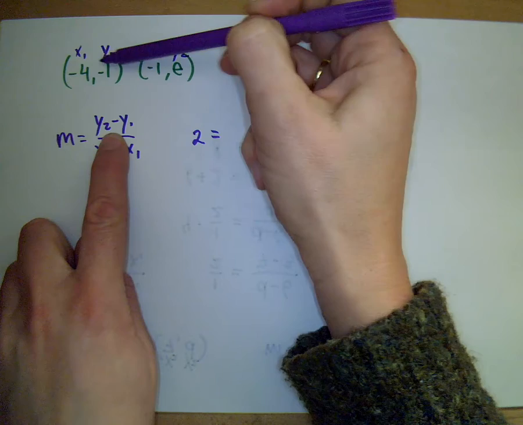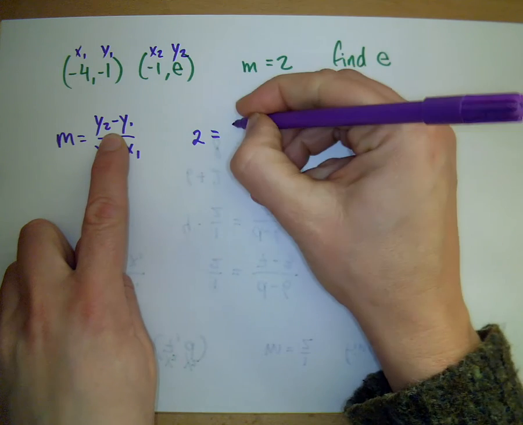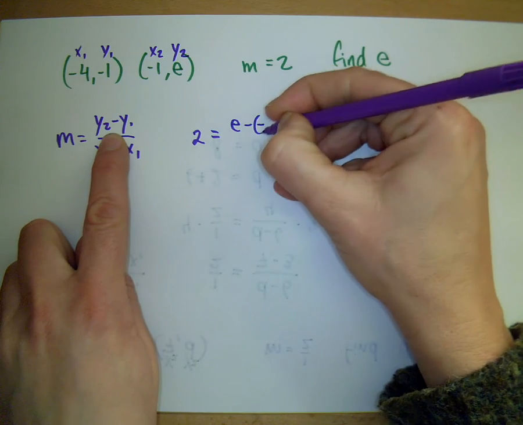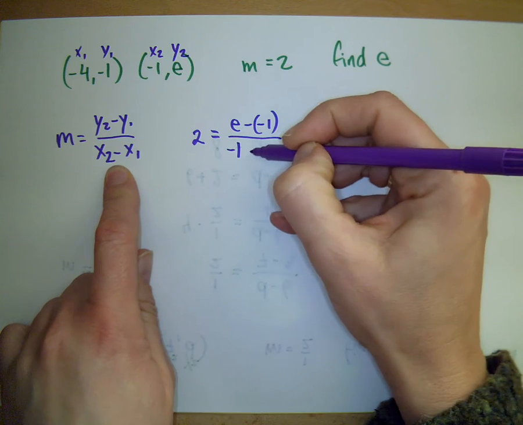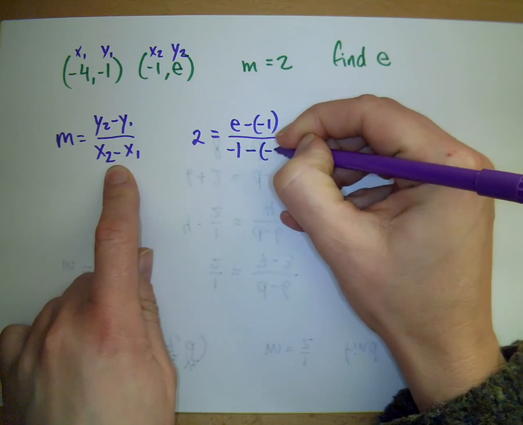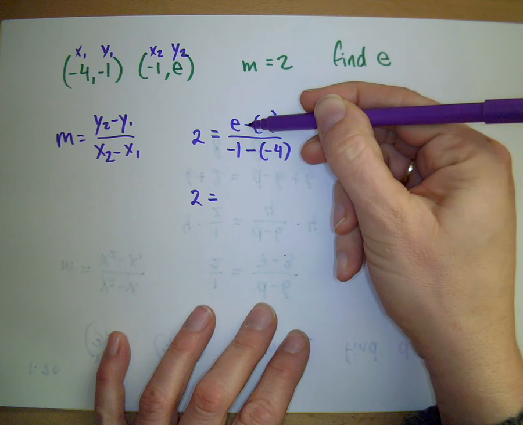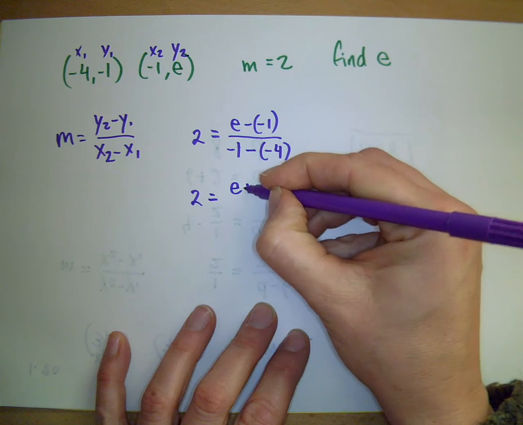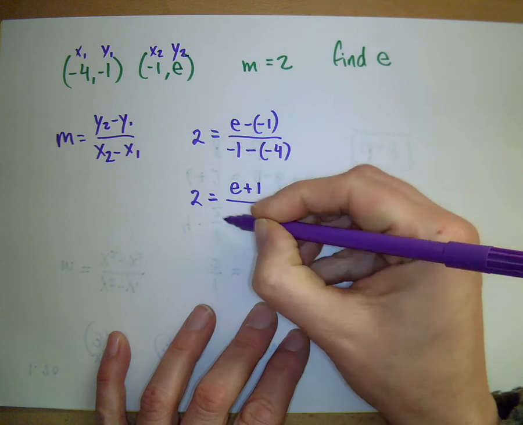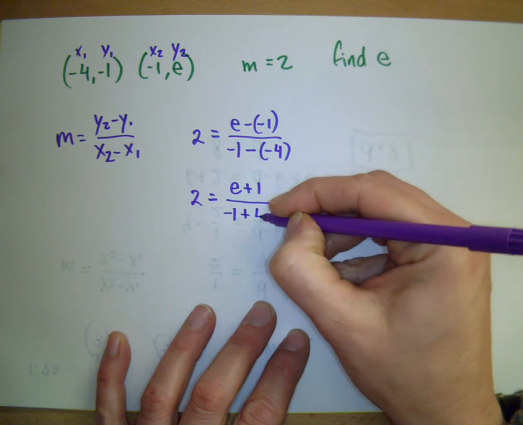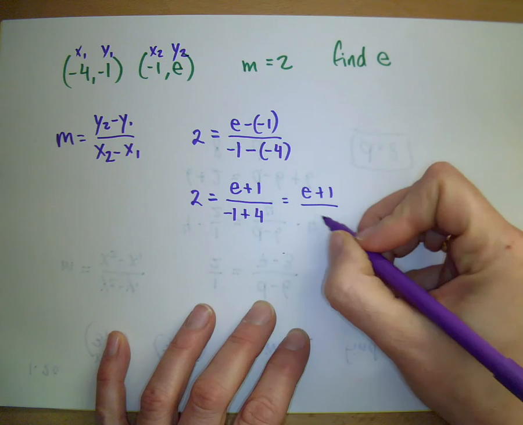So x and y value of the first point, x and y value of the second point. y2 minus y1 is E minus -1. x2 minus x1 is -1 minus -4. 2 equals E minus a -1, which is actually E plus 1, over -1 minus a -4, which is -1 plus 4, which equals 3, right?